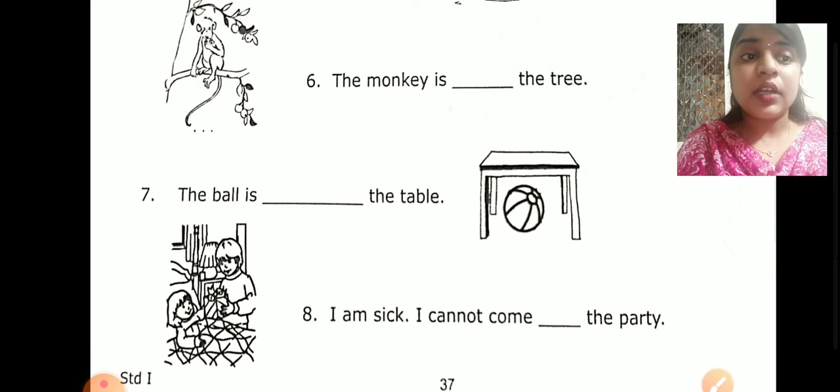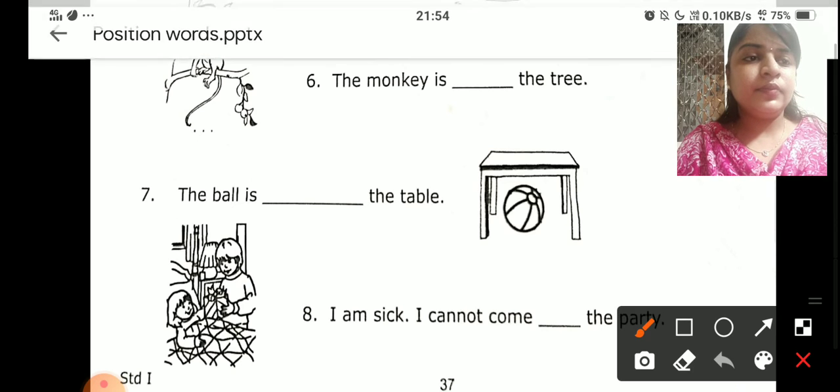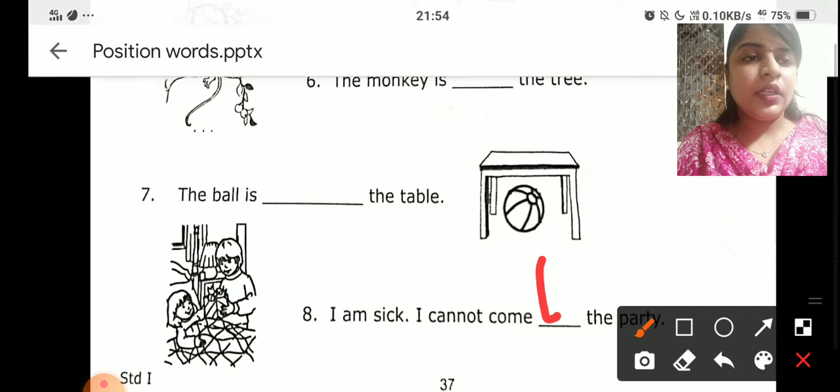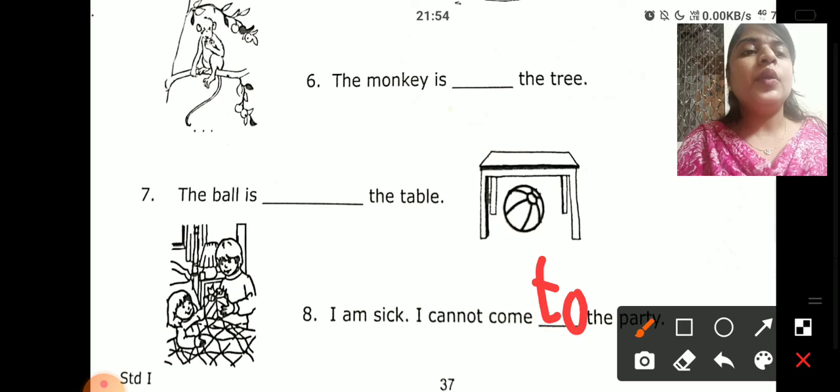I cannot come dash the party. So what will be our answer? To. I am sick. I cannot come to the party. So you're going to write to. T-O, to. Over. Good.